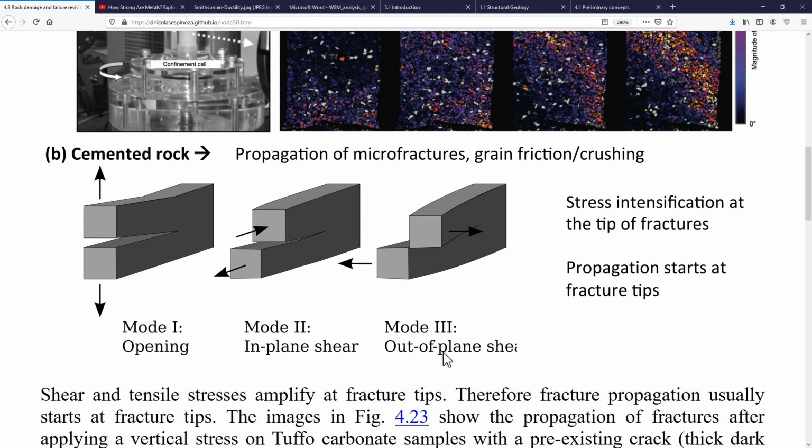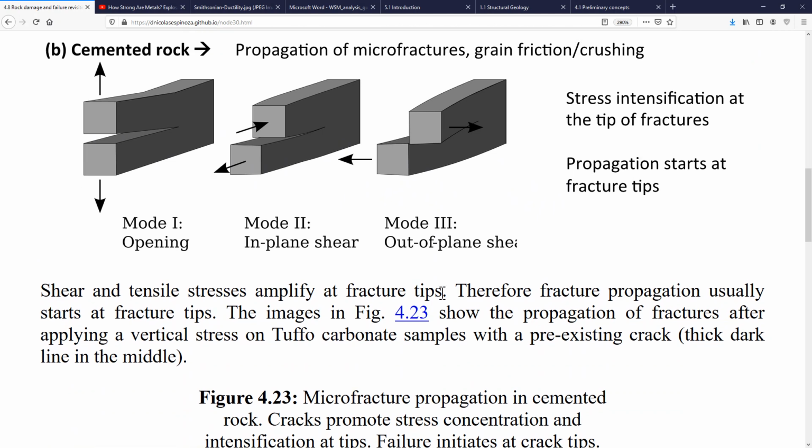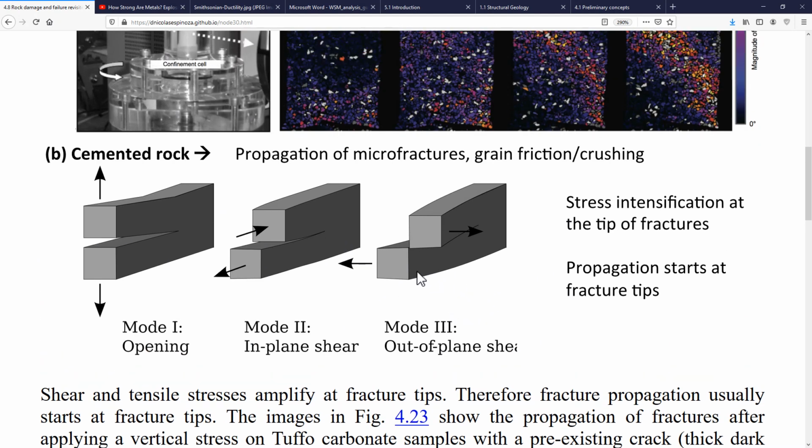And then we have the out-of-plane shear fracture, in which we have also shearing, but notice that the direction of the stresses is in another direction compared to the direction of the fracture itself. And these three processes are going to contribute to the failure of rocks.